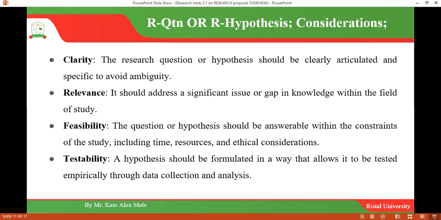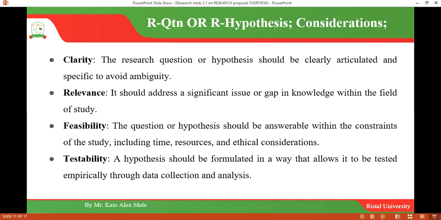Such a research might not be feasible, and the feasibility is being limited by time. You get it. There are cases whereby the research will need a lot of money to have the research process conducted, and such monetary resources might not be available at that time, and for that case it becomes a limitation, and therefore the research might not be feasible.